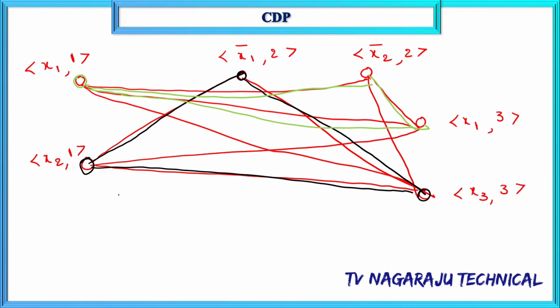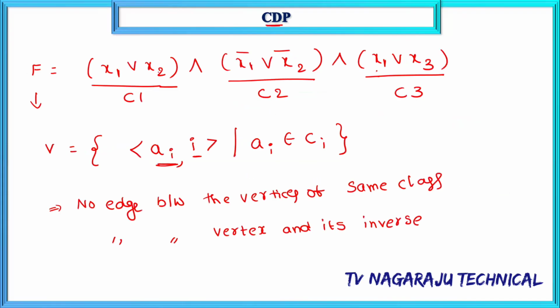In this subgraph, what are the values of x1, x2, x3? For this subgraph, x1 bar is considered. So x1 value 0, for x2 there is no inverse, x2 value is 1, for x3 there is no inverse. For these values of x1, x2, x3, now go back to here and apply the values.